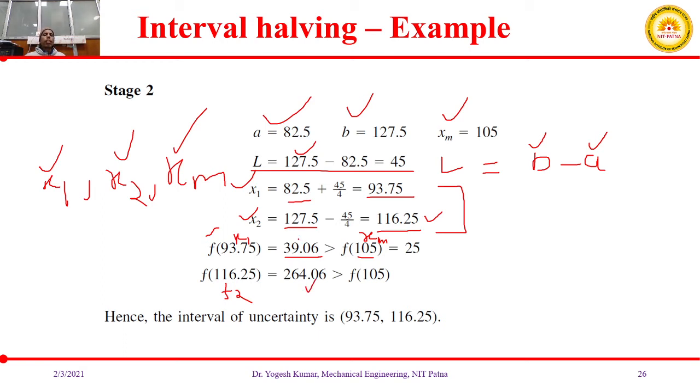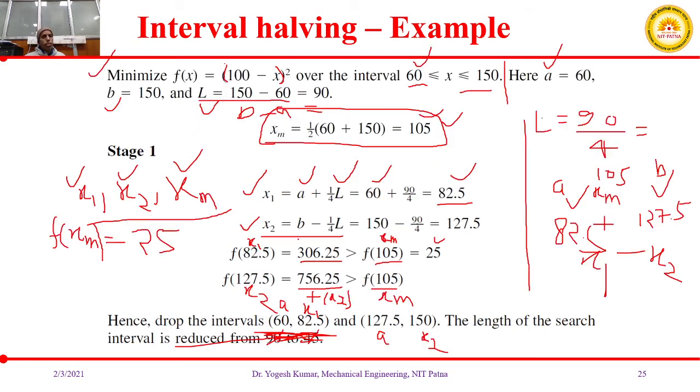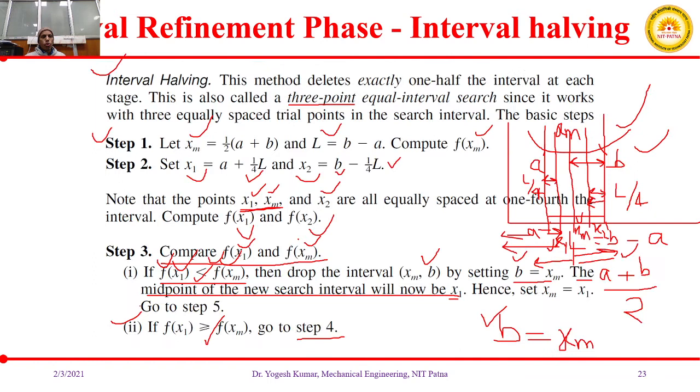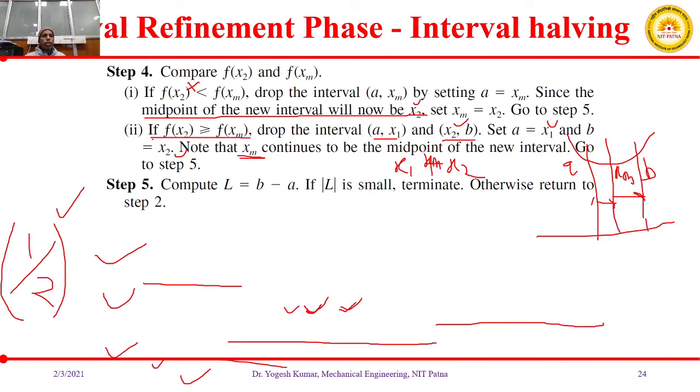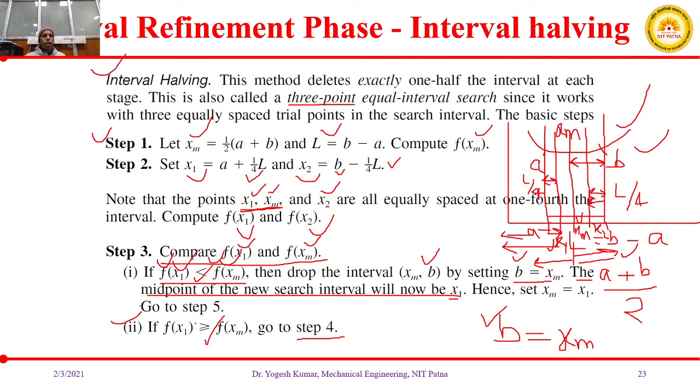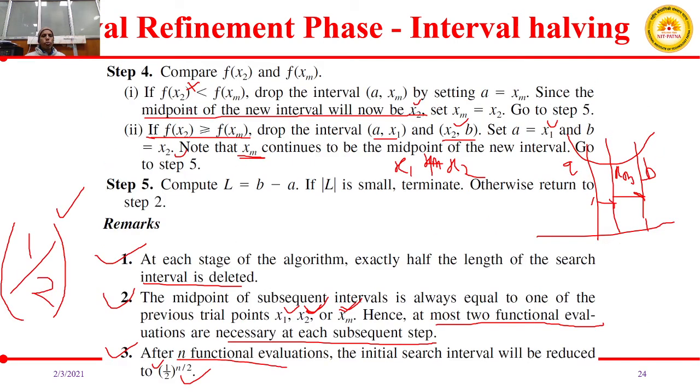Okay, so again what we are supposed to do, we have to check which condition is getting satisfied. So we are reaching again at this point because fx1 is also greater than fxm, and then we have to reach step 4, and in step 4 also again this condition is getting satisfied.